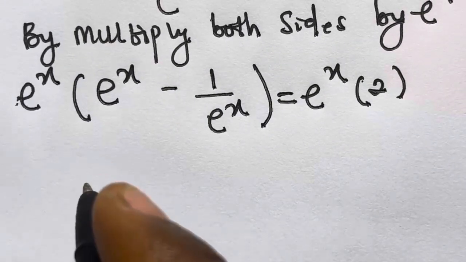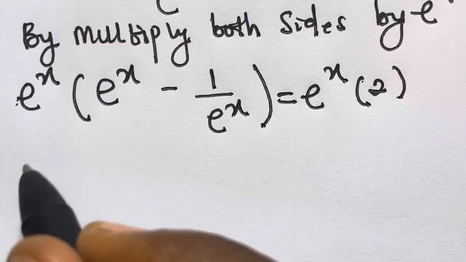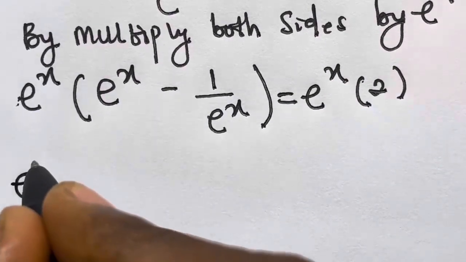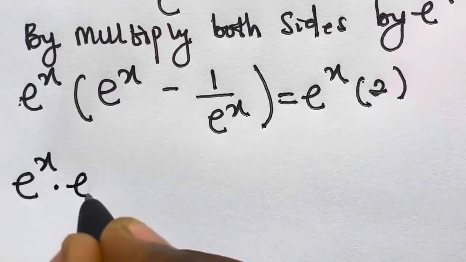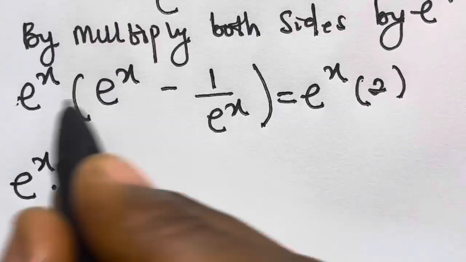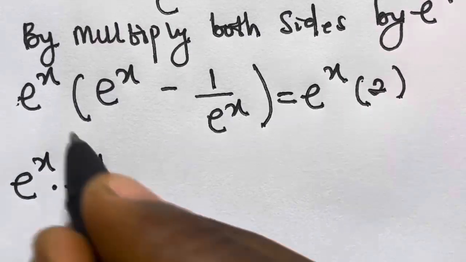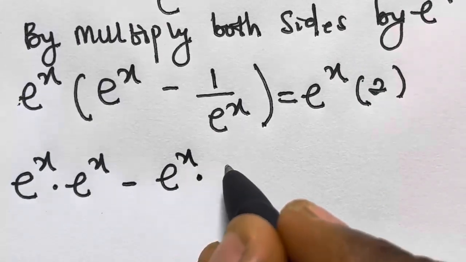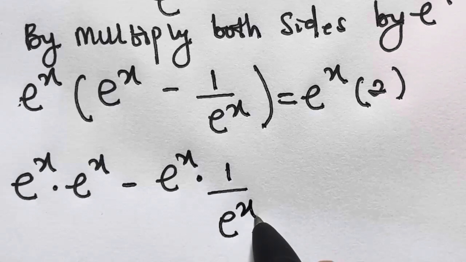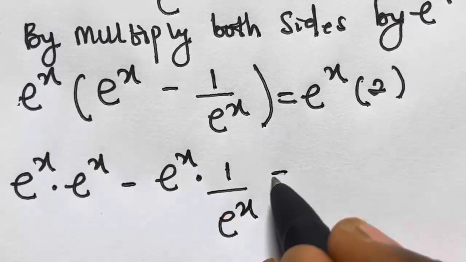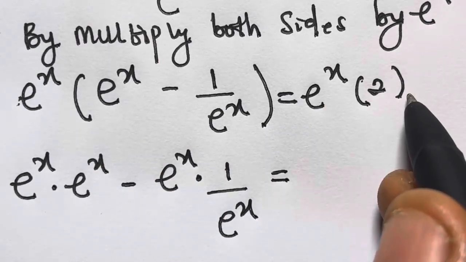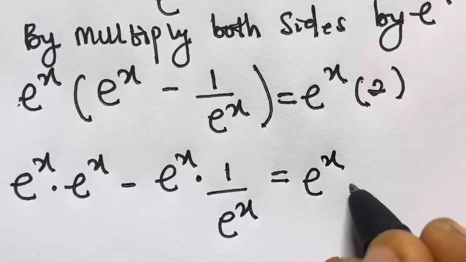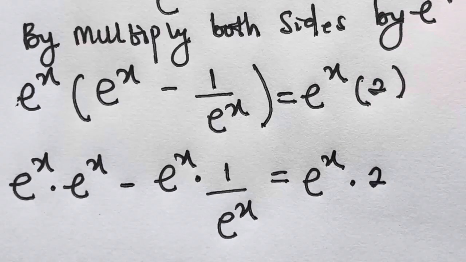So from here, we will have e^x times e^x, then plus times minus becomes minus, we have e^x times 1 divided by e^x. So this equals e^x times 2.